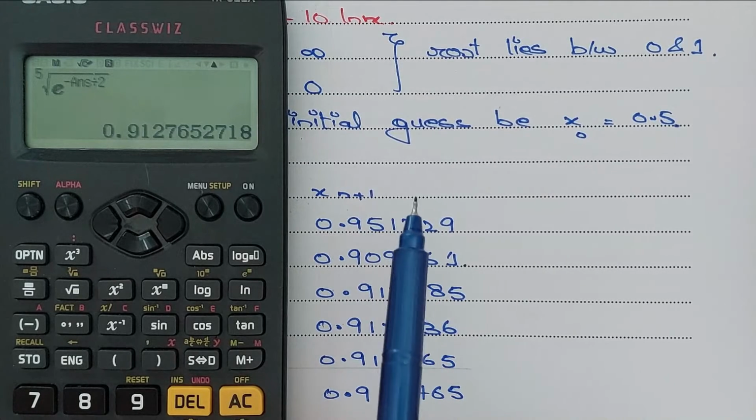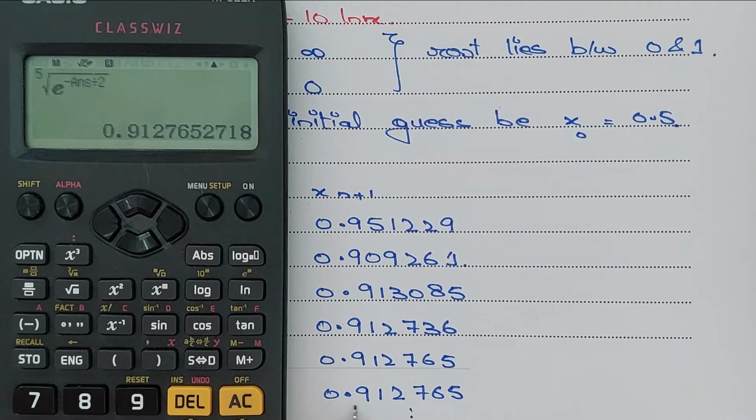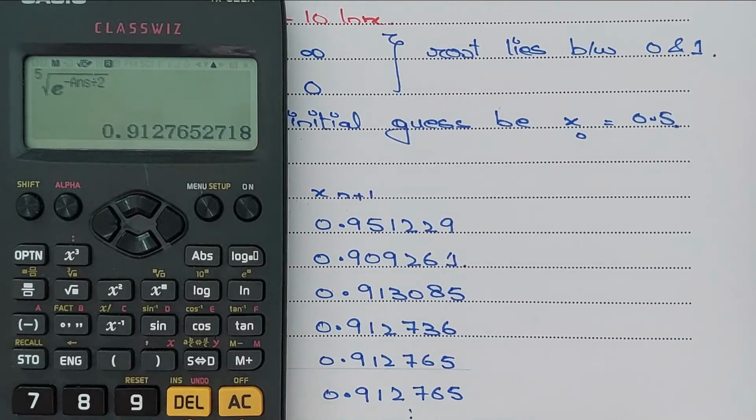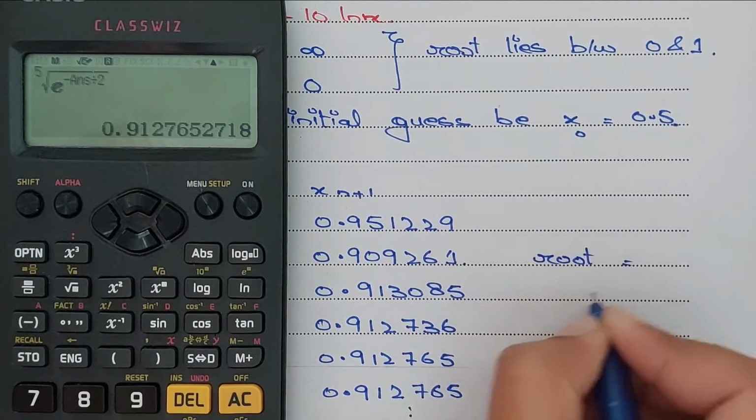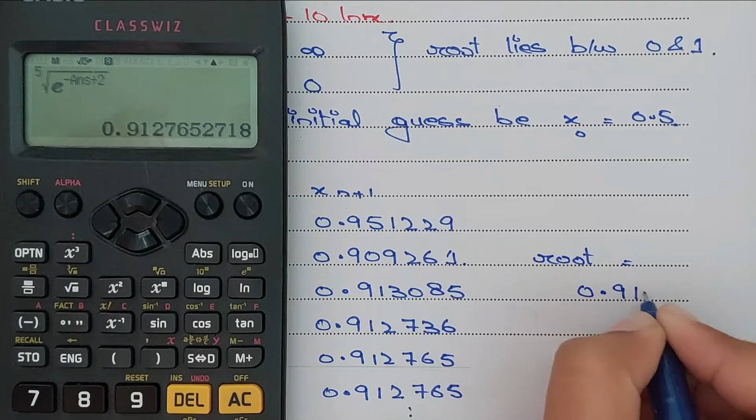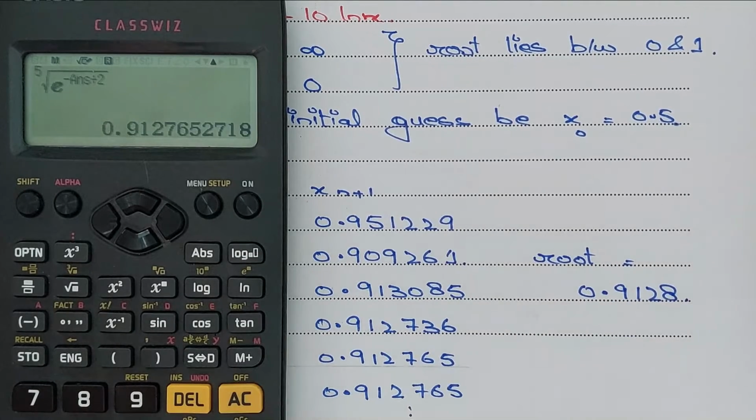So up to 4 significant figures, we have 0.9, 1, 2, and then 7 rounded to 8. So we can say that the root is 0.9128, up to 4 significant figures.